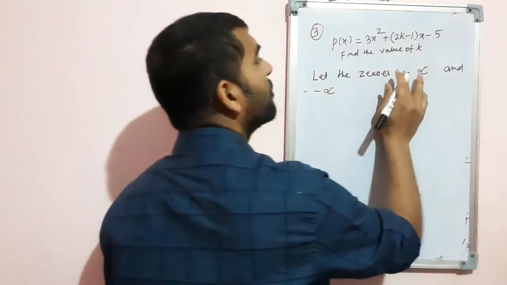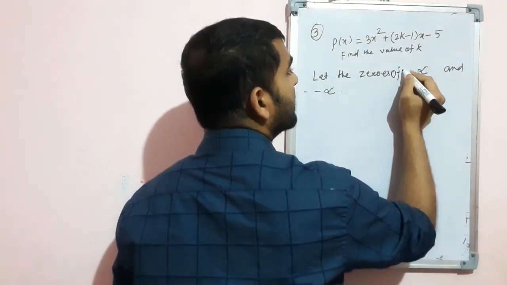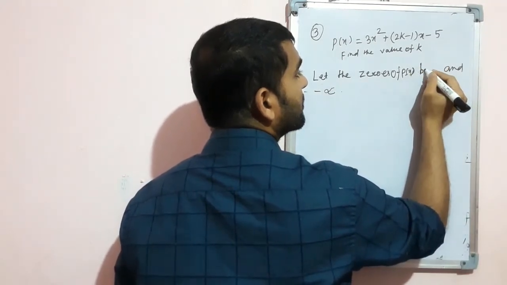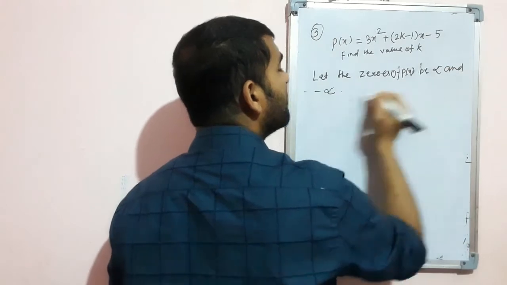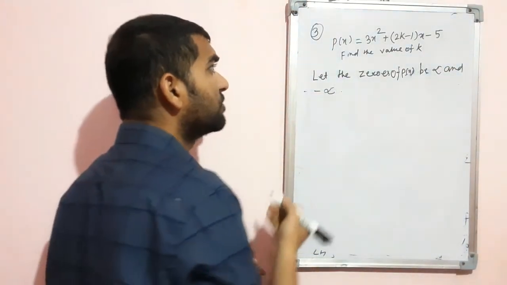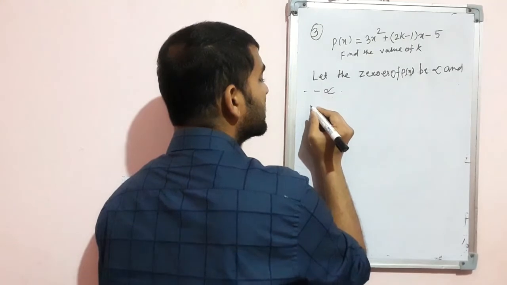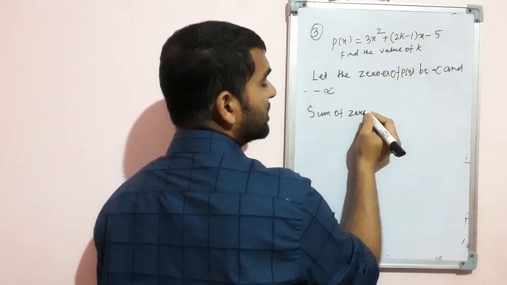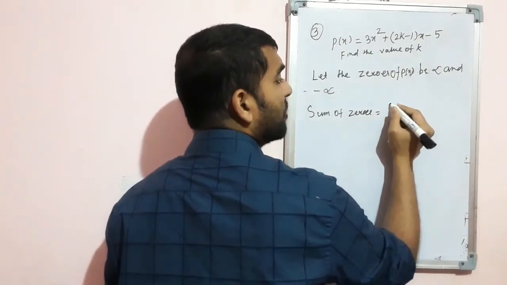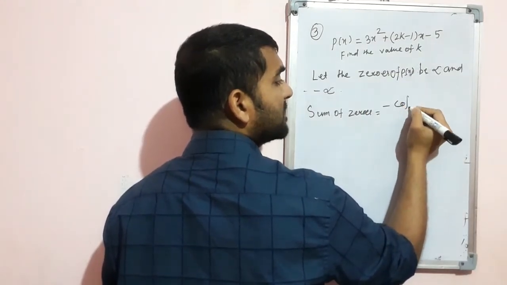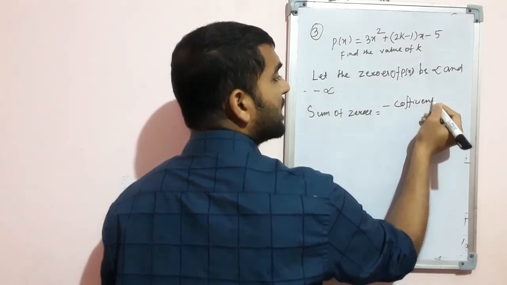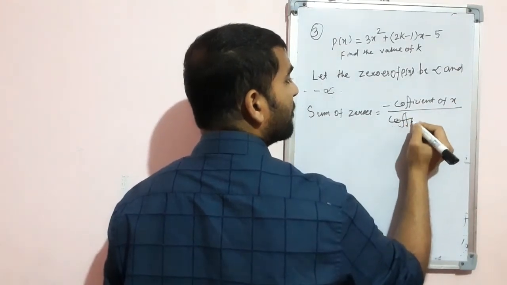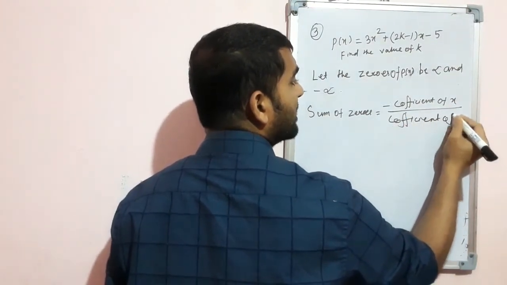Now find out the sum of zeros. So you know the formula, sum of zeros is minus coefficient of x divided by coefficient of x square.